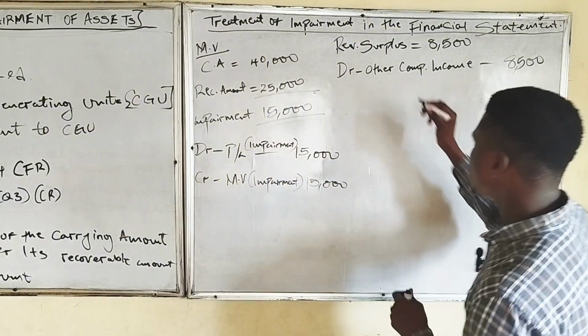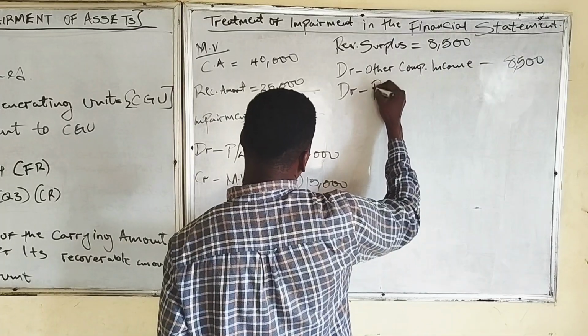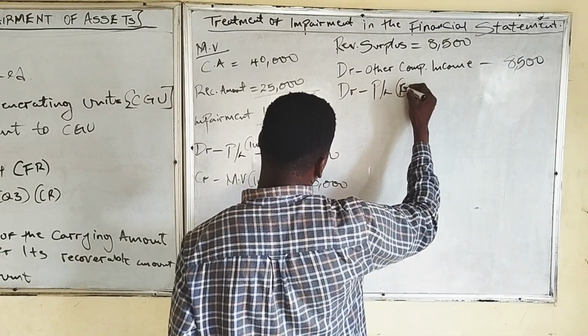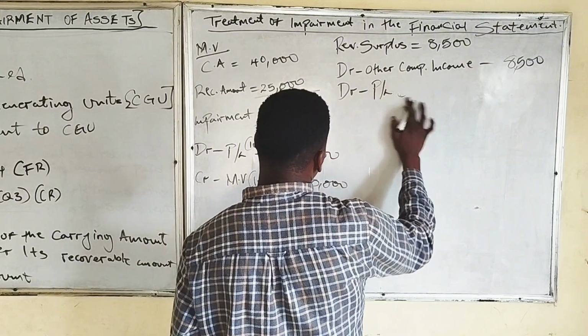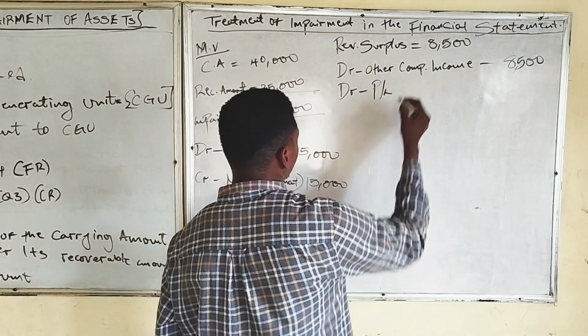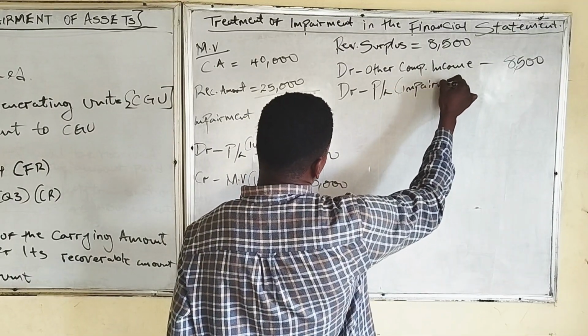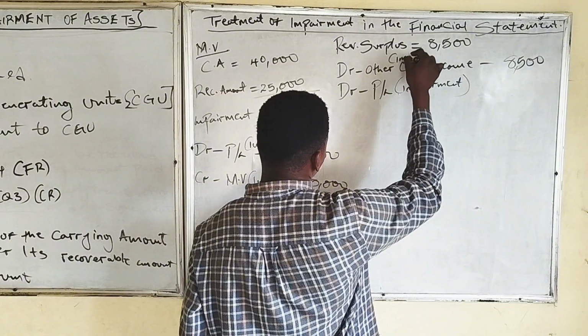Then the remainder will be taken to profit or loss, which is an expense. And we said it should be shown on a separate line, as a line item, impairment. Here also, we're debiting it with impairment.